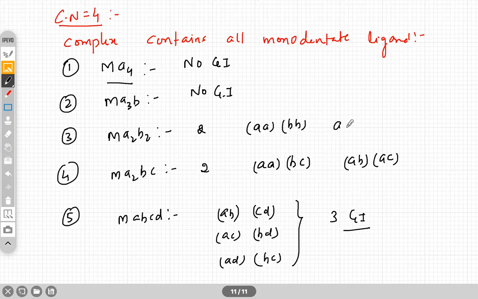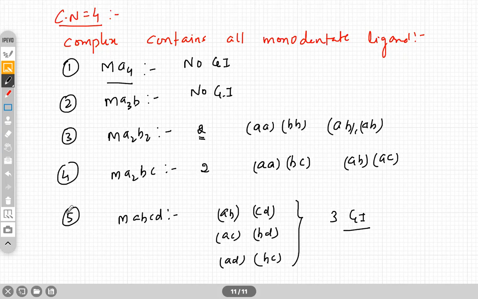AB will also be possible. I've written here too. Since we have coordination number 4, we'll get 2 pairs here, right? A third pair won't be there.